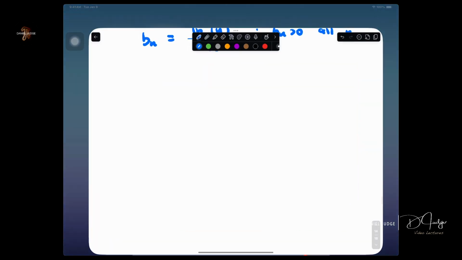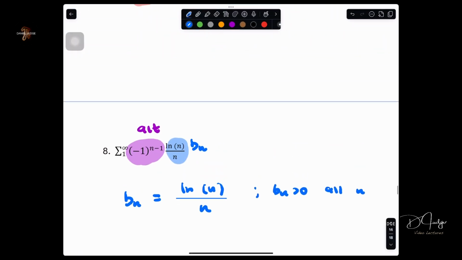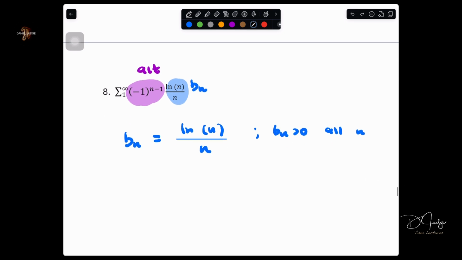Starting at 3. So really, what's happening with this series: when n is 1, we get 0. N is 2 now, we get... I take that back. Let me go back here. We're looking at this term here.